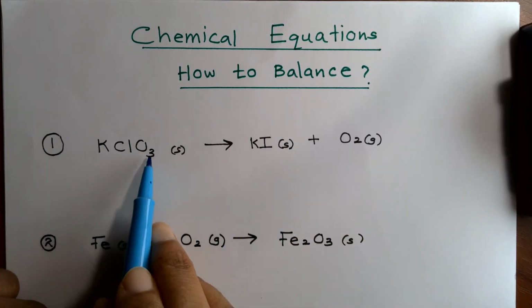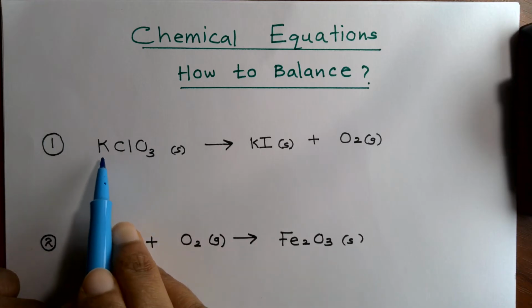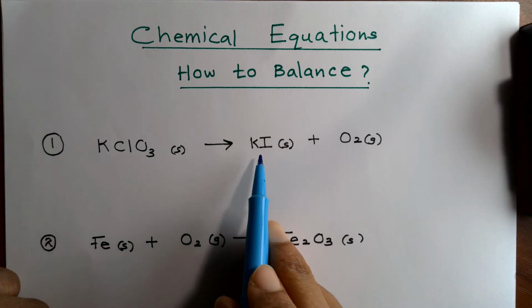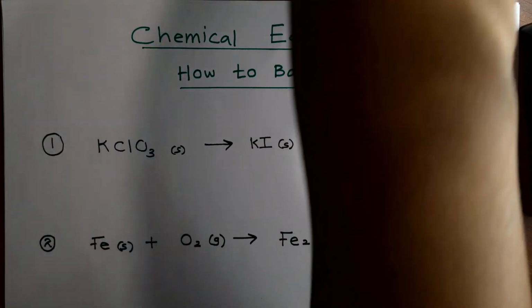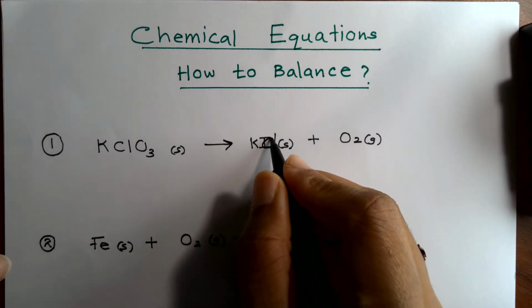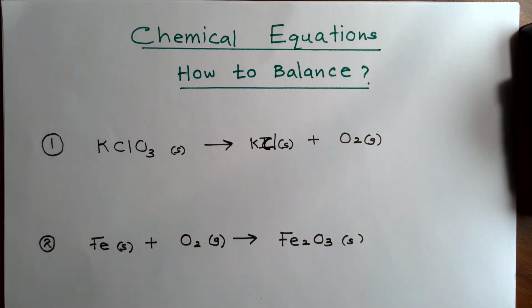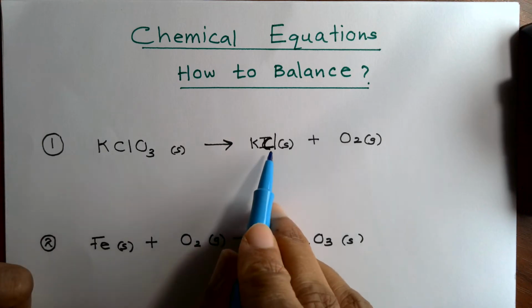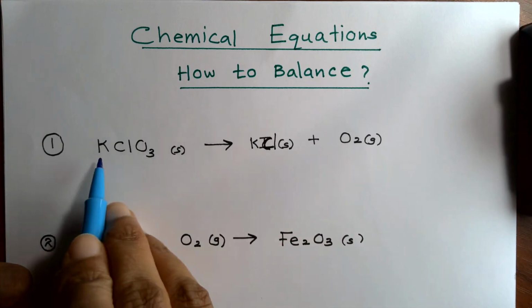Potassium, chlorine and oxygen are the three atoms in the reactant side. So let's balance one potassium reactant side and one potassium in the product side. This should be KCl. And one chlorine. So potassium and chlorines are balanced in both sides, 1, 1.